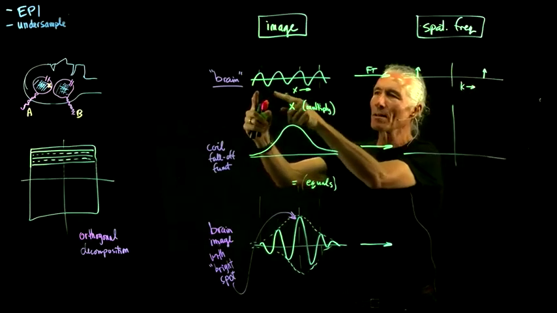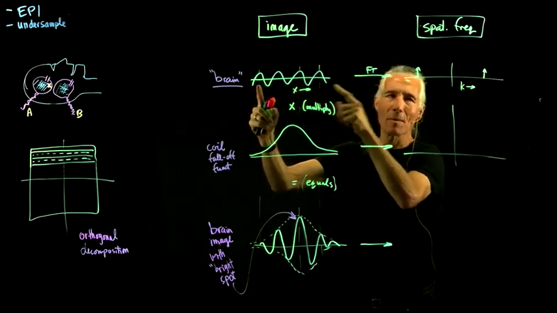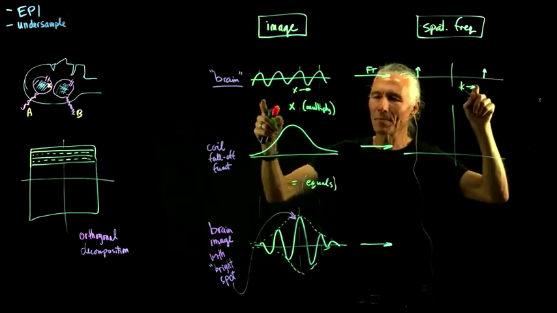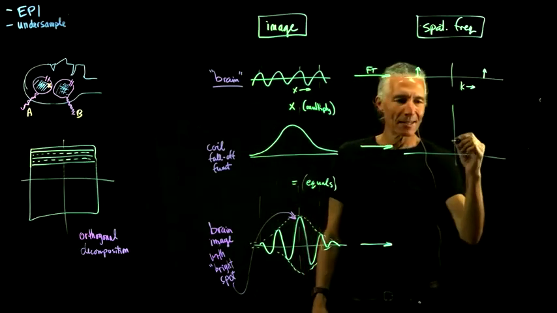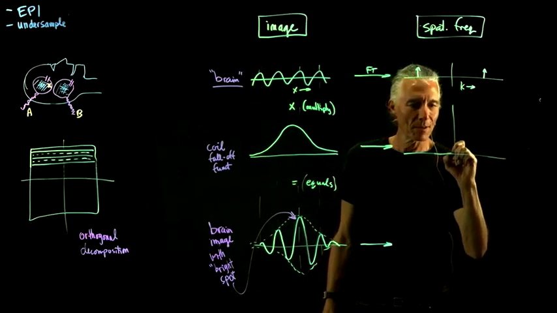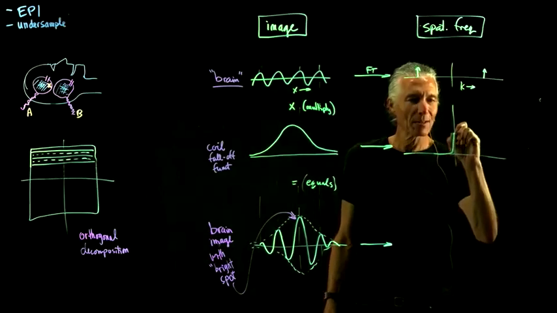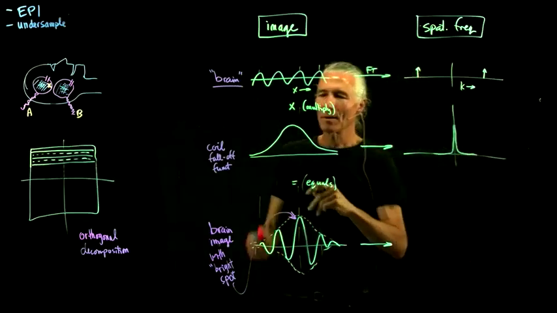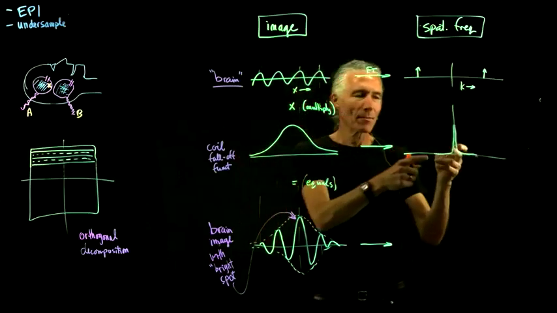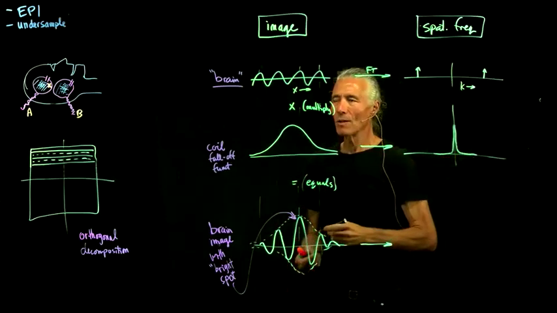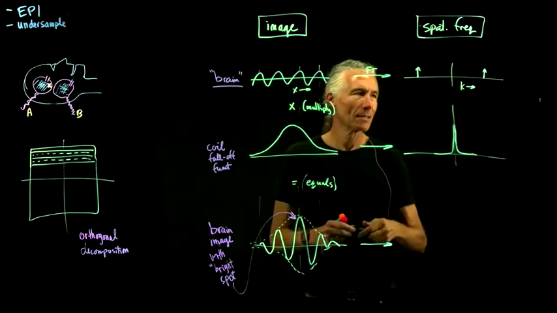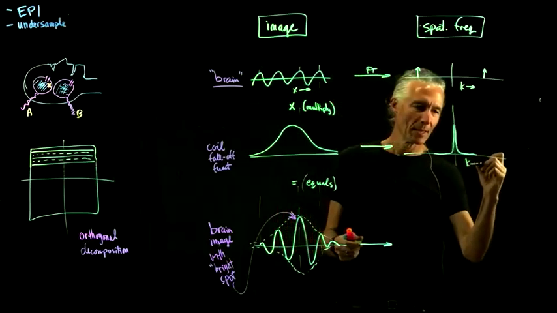Because of that, it has this strange property where if you make the Gaussian narrower, the Fourier transform of it is wider. Or if you make it wider, the Fourier transform is narrower. So it's going to be a narrow Gaussian over there in K-space, so spatial frequency space.